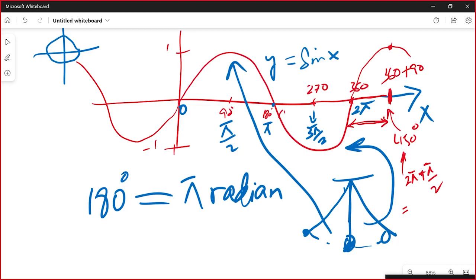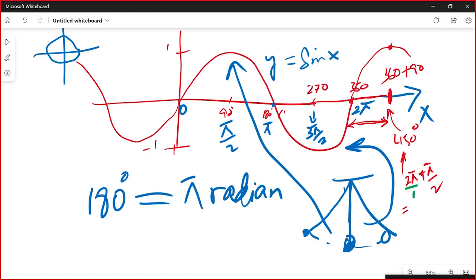What would be the answer? 3 pi over 2? No, not 3 pi over 2. If you have to add fractions, you make their denominators the same. You remember? So what is the denominator here? 1.